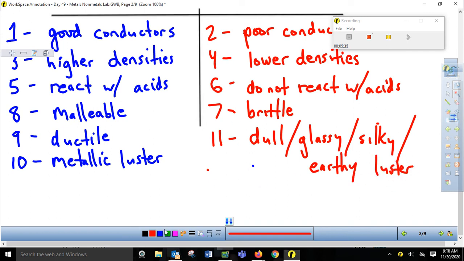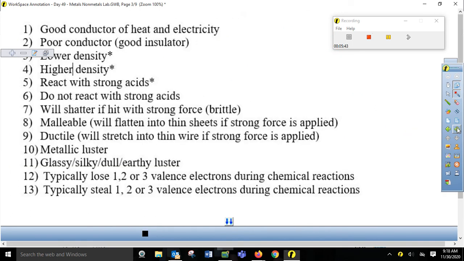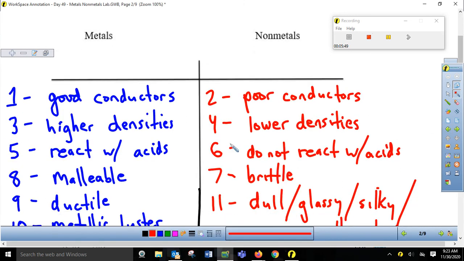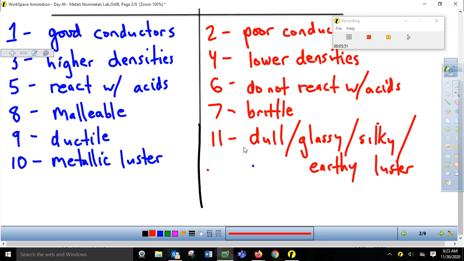So it can vary. By looking at how light reflects from the surface, that's an excellent way to figure out if something is metallic, metal-like, or non-metallic. And then 12 and 13, what we see is that metals tend to lose electrons.